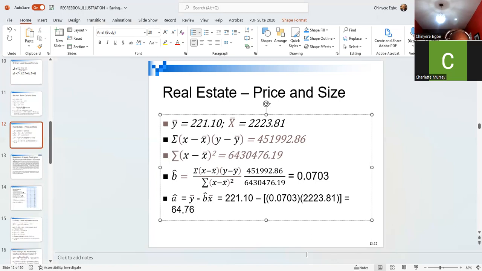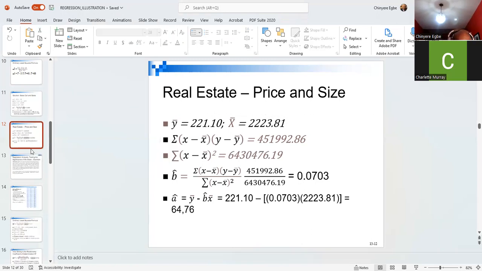So now, once you work these numbers out, you have found A and you have found B. All right, you have estimated A and B. And so the question is, what do these numbers mean?